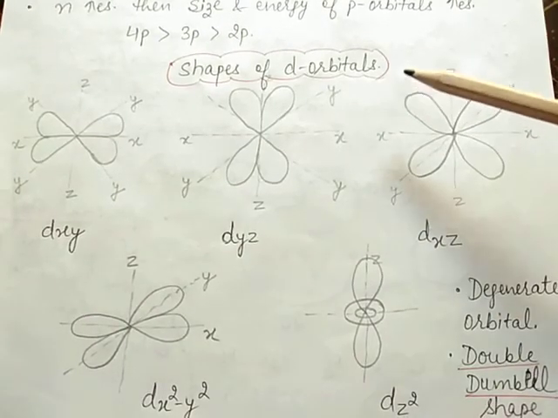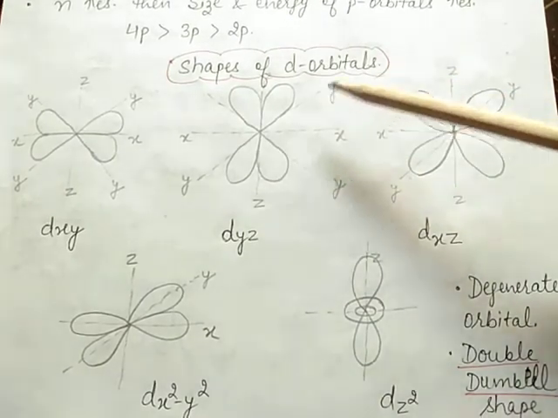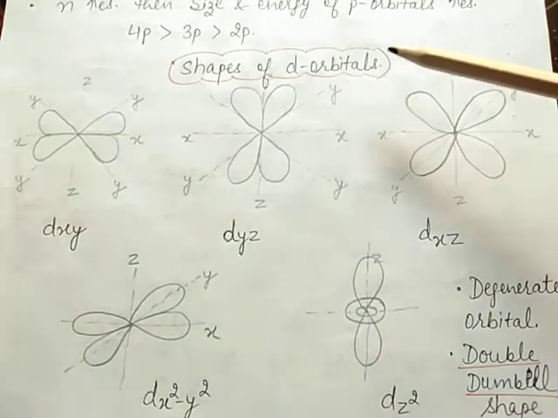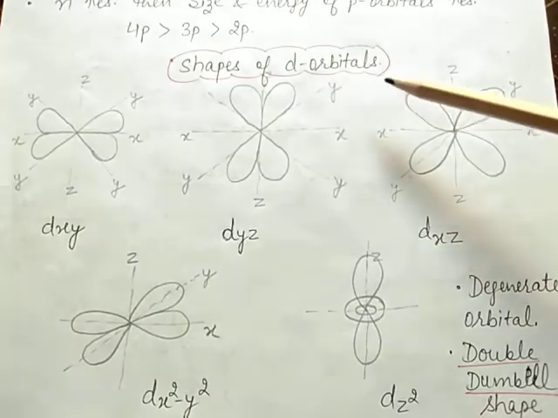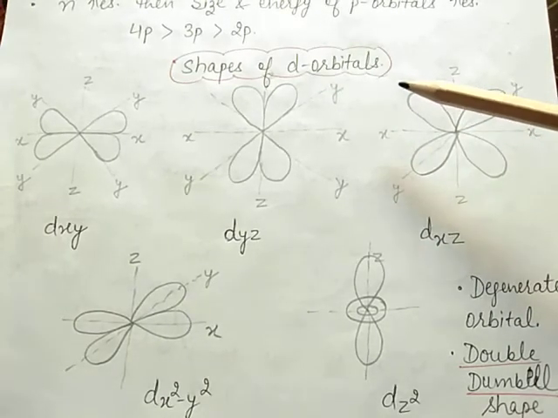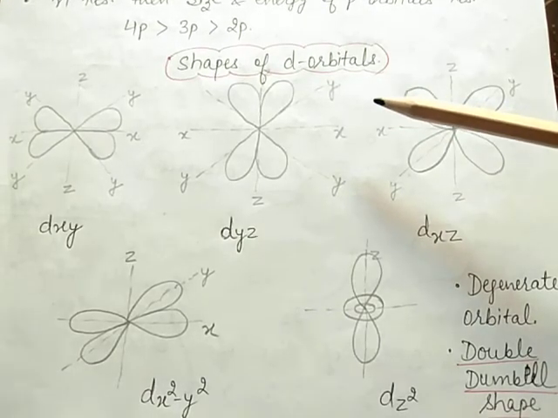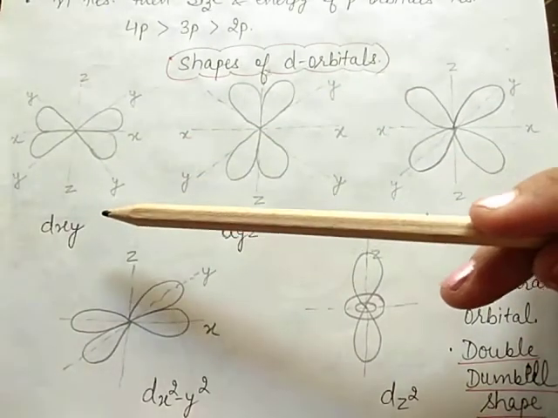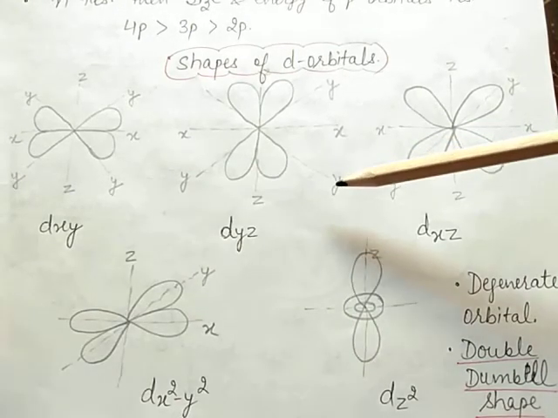Now the next most important topic is shapes of d orbitals. For d orbital, l value is equal to 2. The minimum value of principal quantum number for this is 3. There are 5 d orbitals.